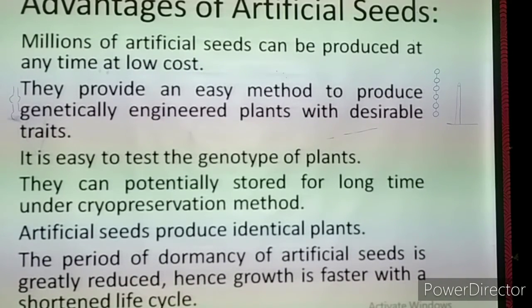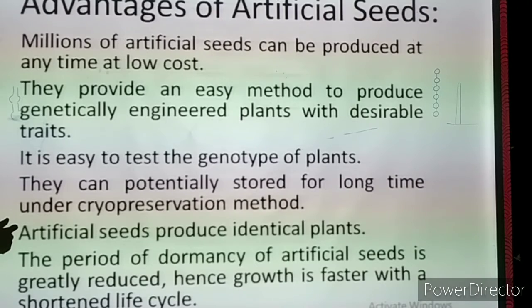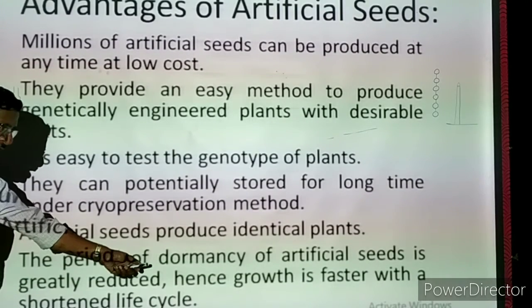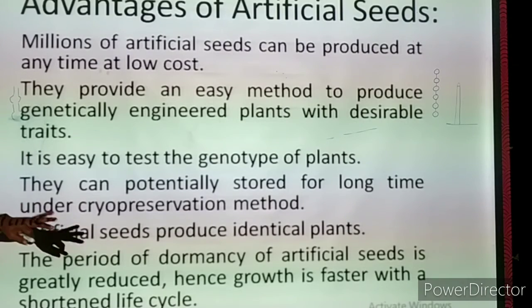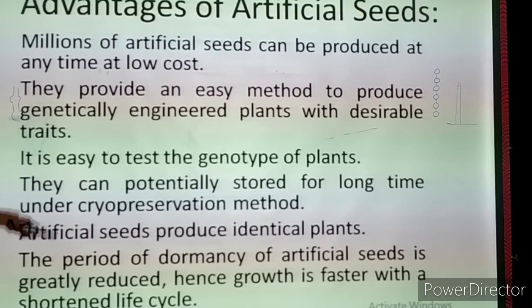Not only that, the life cycle of the plant will be reduced. For example, the normal natural plant's life period is 3 months or 4 months. But if you take the artificial seeds, once they start sprouting or germinating, the life will be only 75% or 60% of the total life. Before that, it is growing well and producing the product, and then completing the life cycle. So these are all the advantages of artificial seeds.